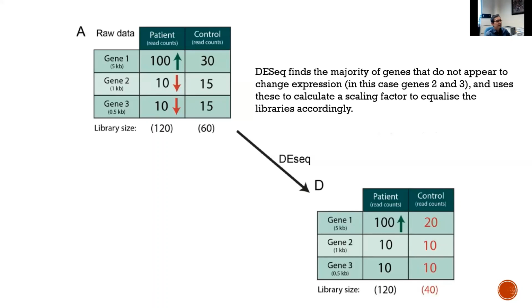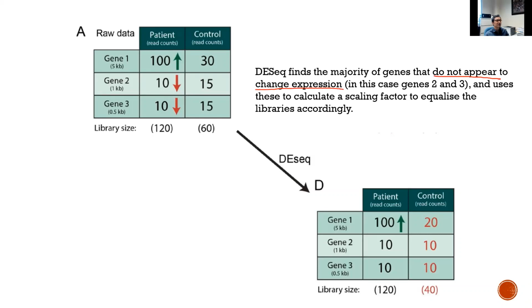Okay, the last normalization method introduced in this paper is DE-seq. This is slightly special. It assumes that the majority of genes do not change expression.